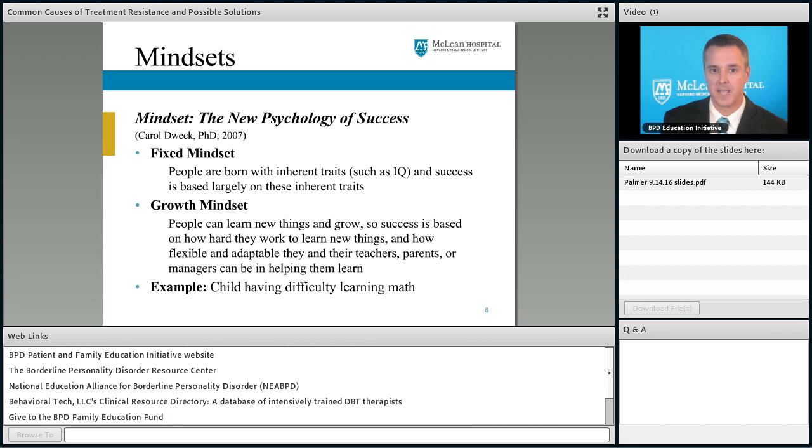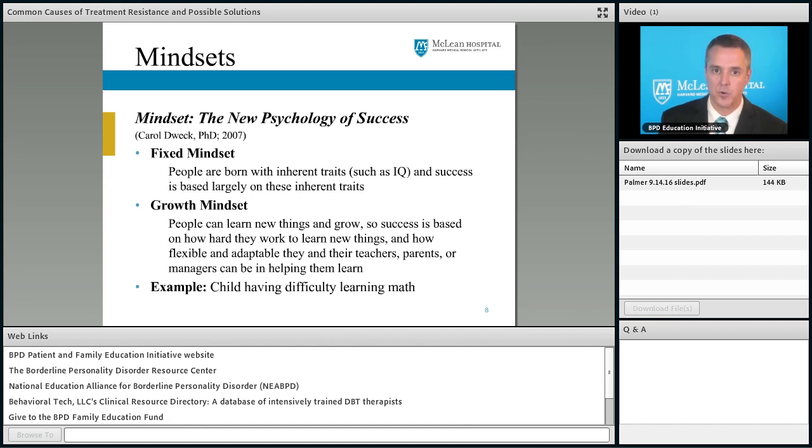And now, I've hinted at it or mentioned it a couple of times, mindset. I want to spend a little bit of time on mindsets because when we're talking about treatment-resistant illness, mindsets end up being really important. People get so frustrated and so burned out.